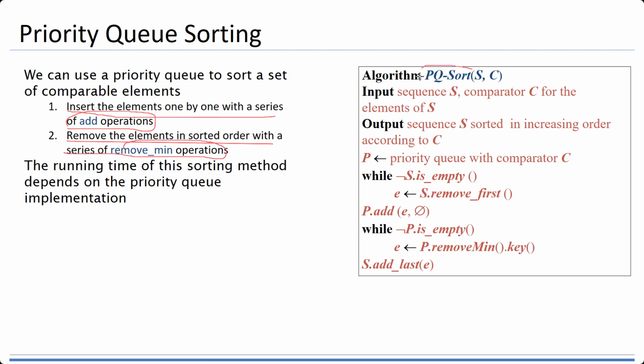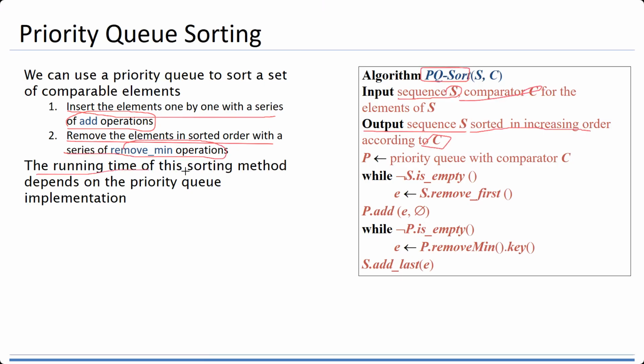If you are using the priority queue sort, I want to make the input a sequence S and then make a comparator C.